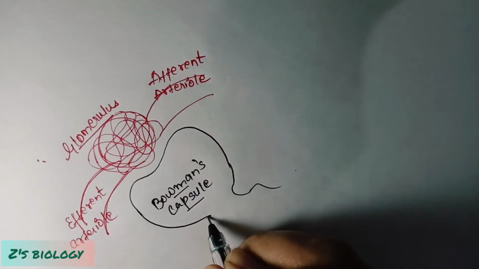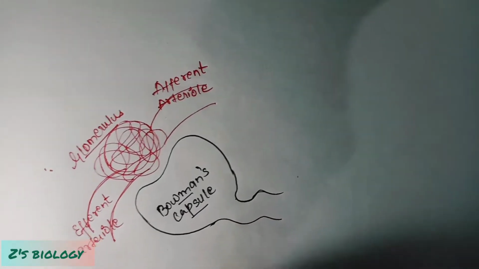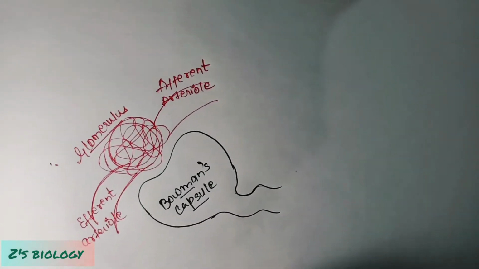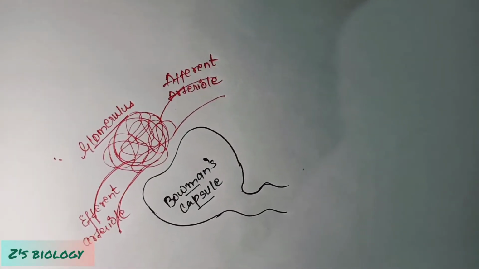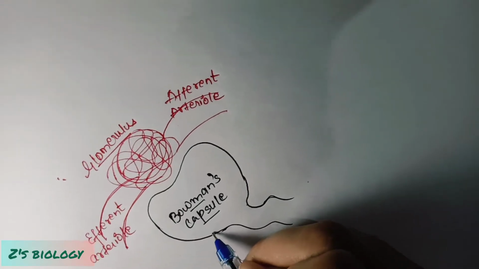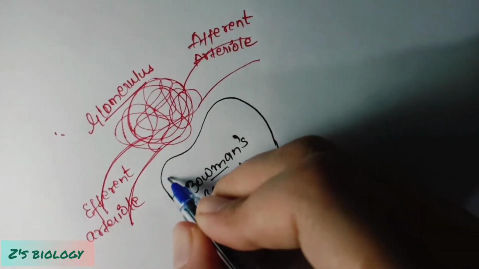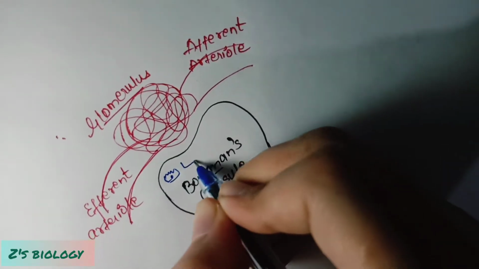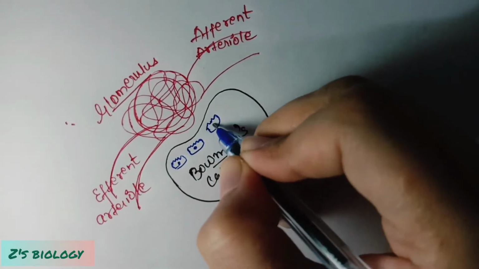Further on, I'll draw the tubular structures, which will be part of the renal tubule of the nephron. So a nephron is formed by two parts: the renal corpuscle, which is made by the glomerulus and Bowman's capsule, and the renal tubule, which makes up our proximal convoluted tubule, the loop of Henle, DCT, and the collecting duct.